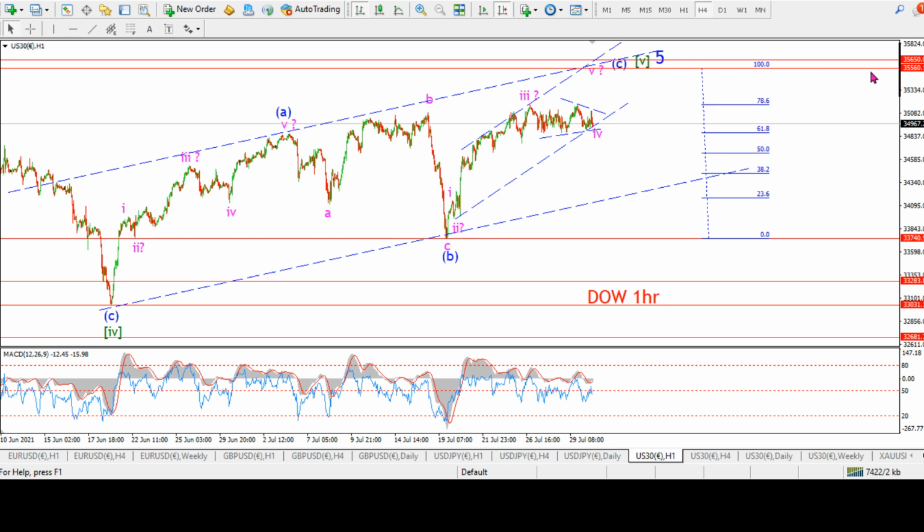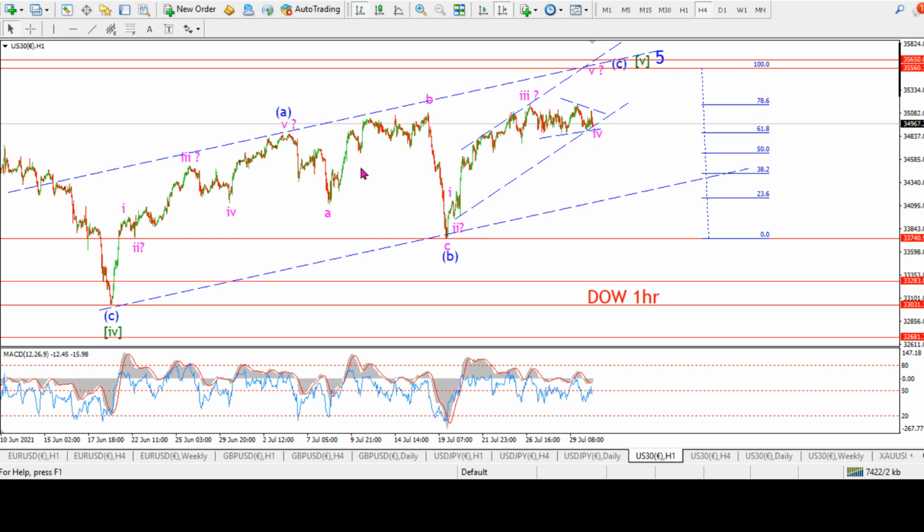So we've got Fibonacci targets, unrelated Fibonacci targets, coming in very, very close together, within 90 points. So 35,560 versus 35,650, 90 points ain't much of a margin.